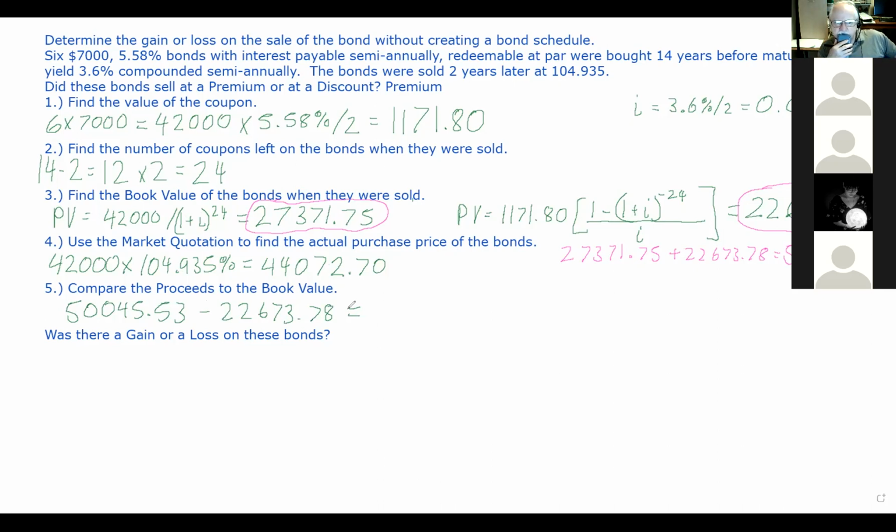No, that's not going to work. For some reason, I'm not getting the right numbers in here. The proceeds, this number here that we've just calculated, should be the proceeds. And the book value should be this 50045. But I thought we did that and we didn't like the answer we got.